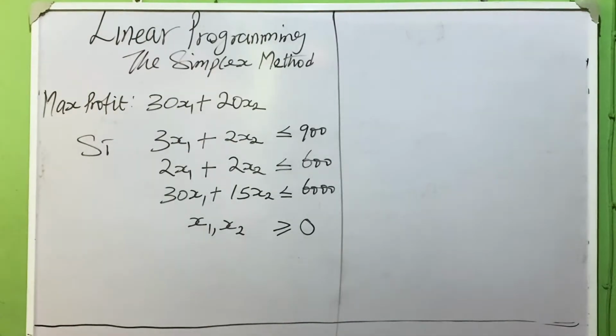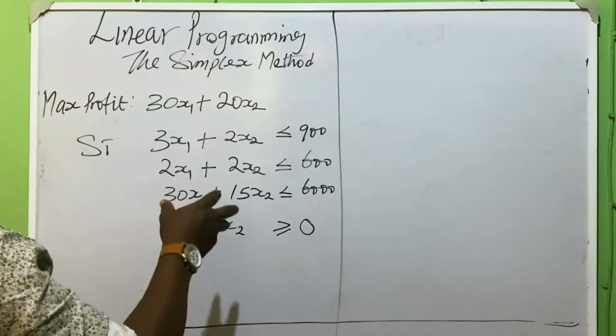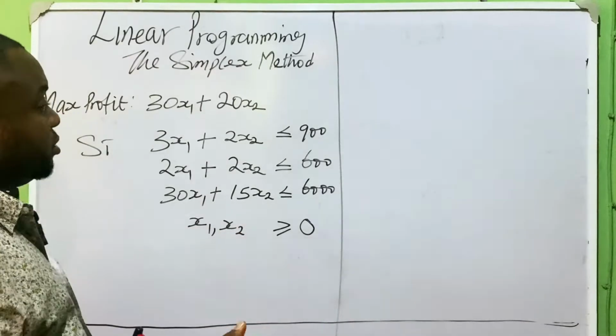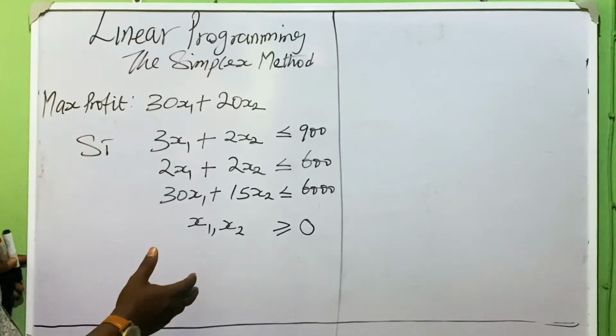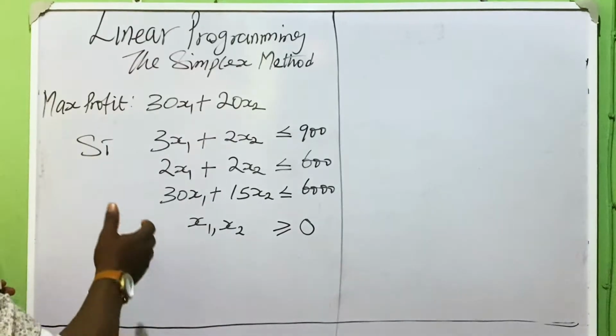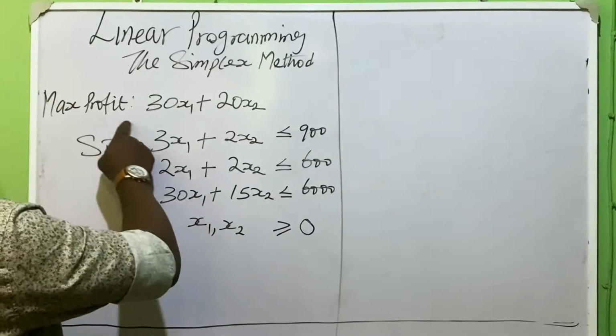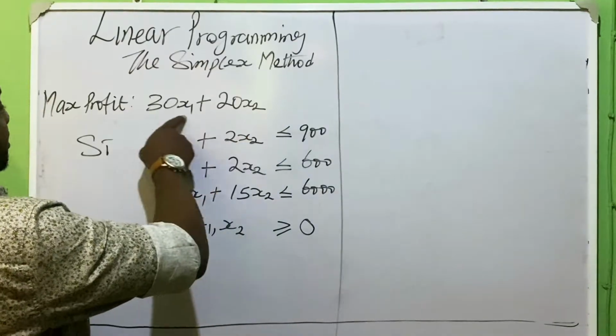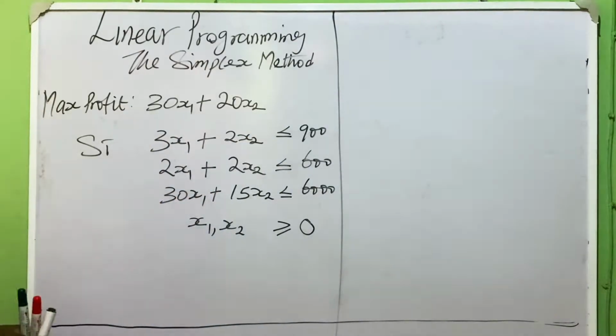The case at hand is a situation where we want to find out the right combination of products for, say, a manufacturer who is interested in maximizing, optimizing his profit.